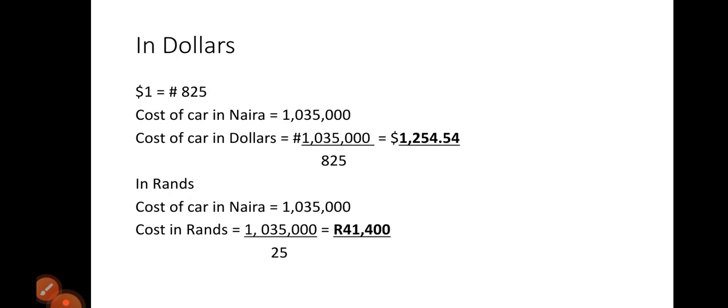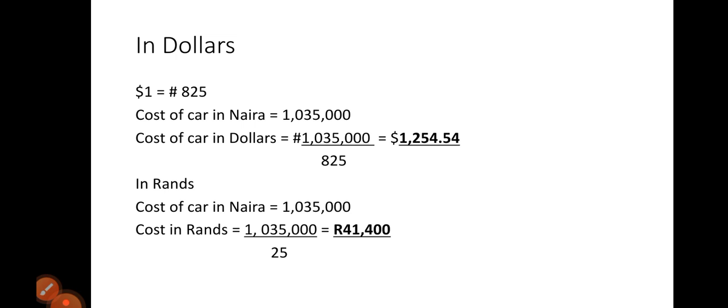Now, in dollars. We said earlier that $1 costs 825 naira. The cost of this car in naira is 1,035,000. For you to know how many dollars you used to buy the car, you divide 1,035,000 naira by the value of the dollar, that's 825 naira.